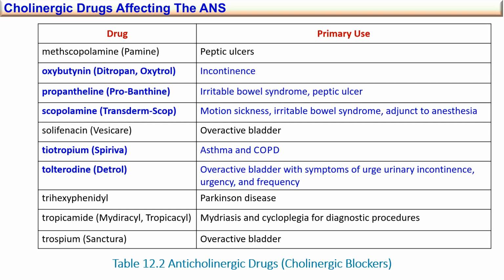It can also be used to produce pre-anesthetic sedation and obstetric amnesia during labor. The most common drug used for motion sickness is scopolamine, which is the Transderm Scop patch.